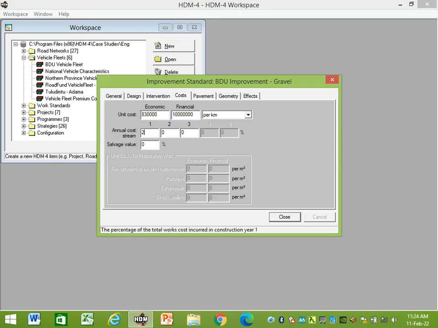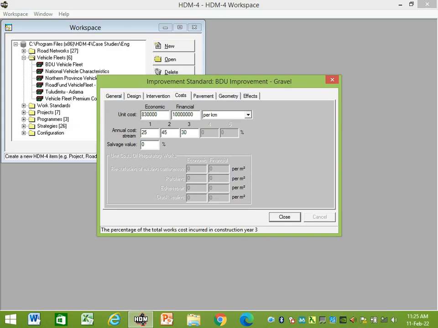The expenditure, the first year will be mobilization year. I'll take 25%. Next year, 45%. Last year, 30%. This is my assumption. It changes. 25, 45, 30, if you add it, it will become 100%.